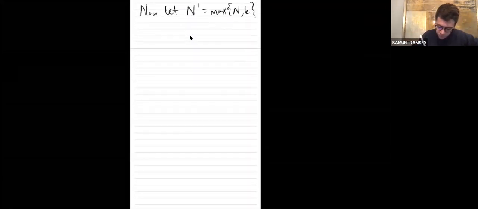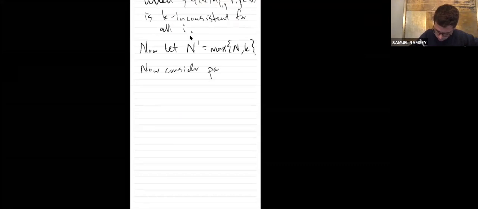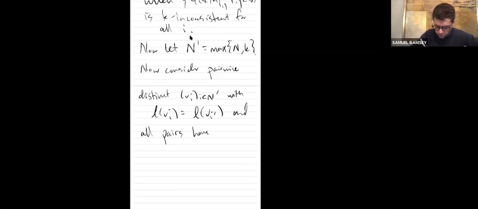So now consider pairwise distinct nu I less than n prime with length nu I equal to length nu I prime, and all distinct pairs having a common meet, as in the statement.